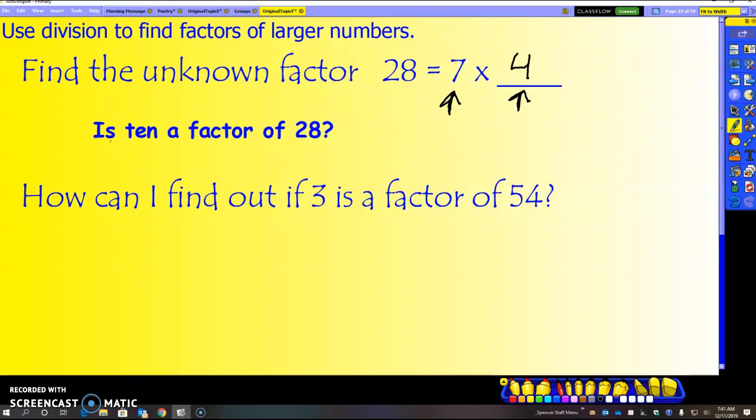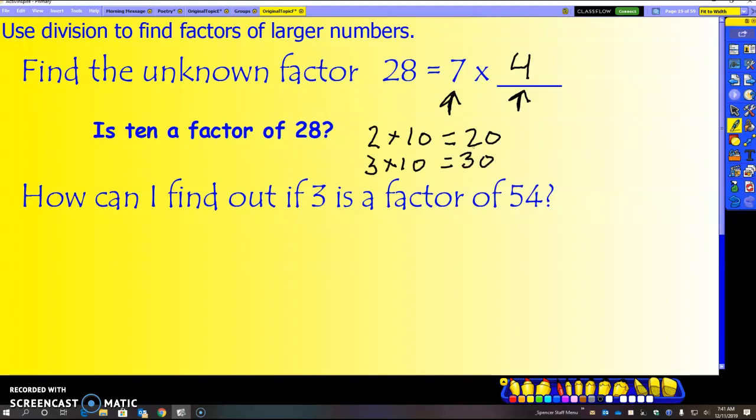Okay, when we think about, is 10 a factor of 28? Well, we can think, does 10 go into 28, or does something times 10 get me 28? And if I think about that for a second, I can multiply 10 by 2 and I get 20. And I can multiply 10 by 3 and get 30.